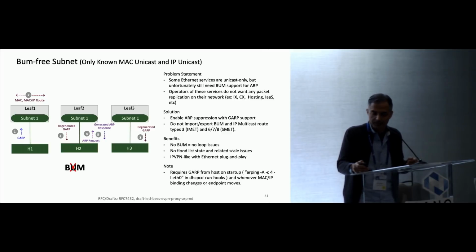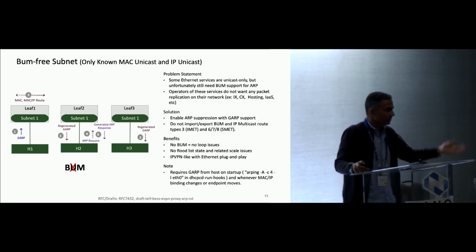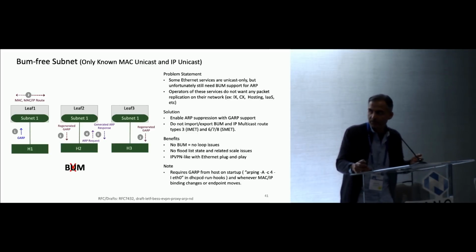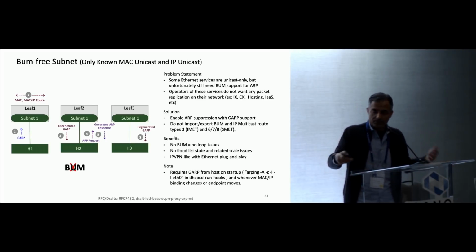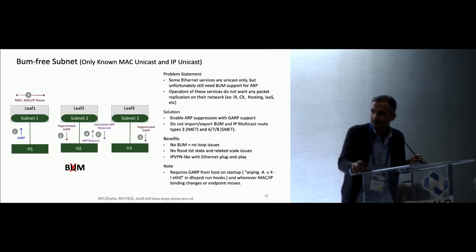I don't know how you do it on other systems, but typically, if this was a bridge mode AP, when an end system moves, the AP will do a gratuitous ARP on its behalf. If it's a hypervisor, the hypervisor will do a gratuitous ARP on behalf of the workloads that move, including at the time when it comes up. So there's a number of cases where it's just fine. If you have a bare metal system, you just have to make sure that this is in place.